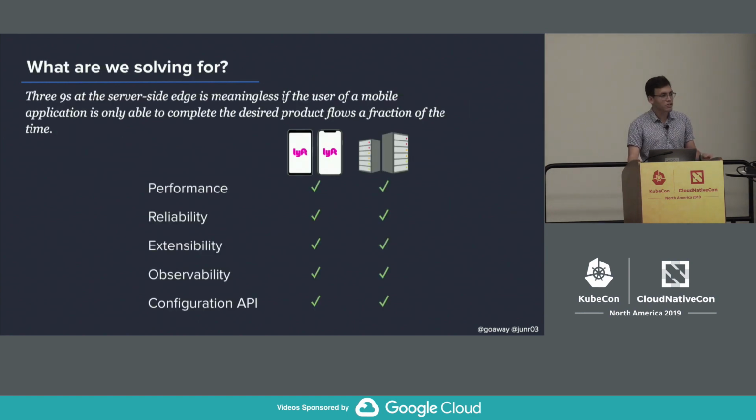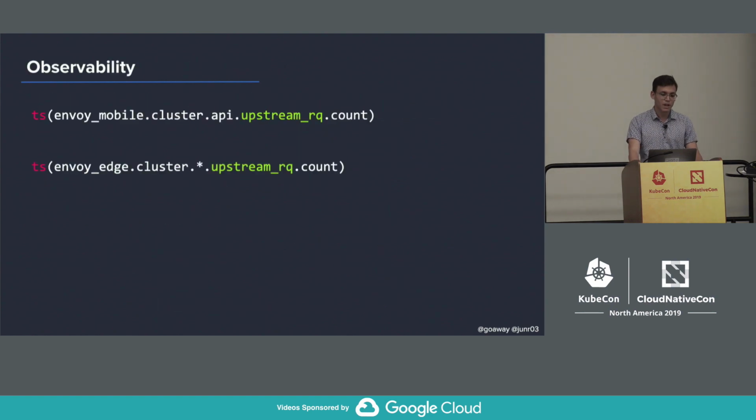So we started this project with the premise that mobile clients were really primed to receive the benefits of Envoy that we have seen in backend services. With the alpha release of Envoy Mobile at Lyft, we embarked on this journey, and we started with observability. As you may know, Envoy has best-in-class observability.